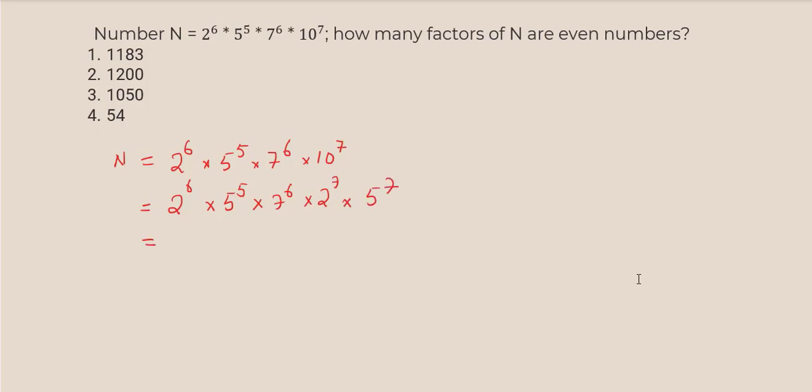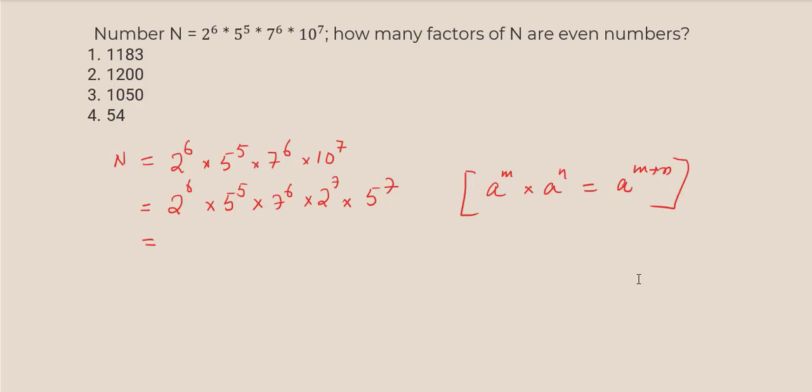Okay, from this addition of exponentials, I hope you all know a to the power m multiplied by a to the power n could be written as a to the power m plus n. So we are going to use that property of exponentials to simplify this equation.